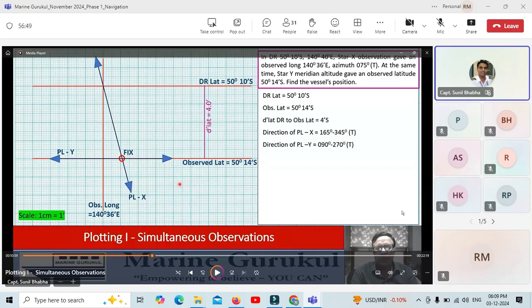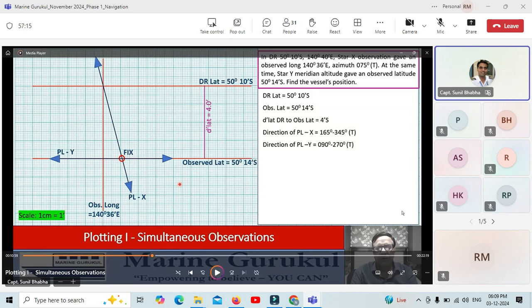If you want, you can plot it also. The PL will remain like this only, whether you plot the DR longitude or you don't. But for calculating fix, we require to calculate departure. So we require some longitude as a reference point. For that, we have the observed long, beta. We can use that as our reference longitude. Either one, observed long or DR long, we can take as a reference point.